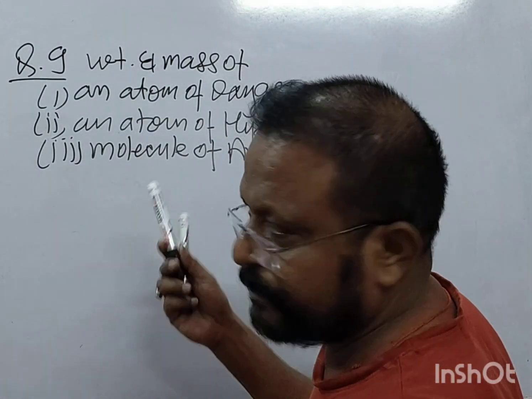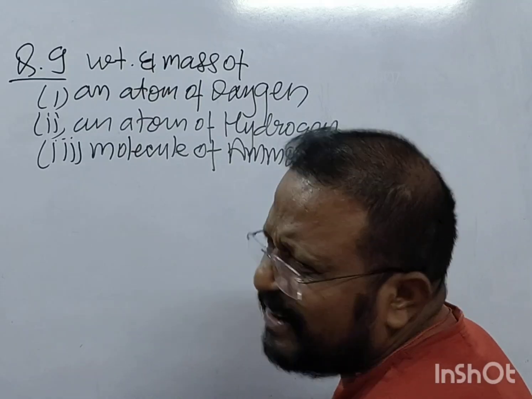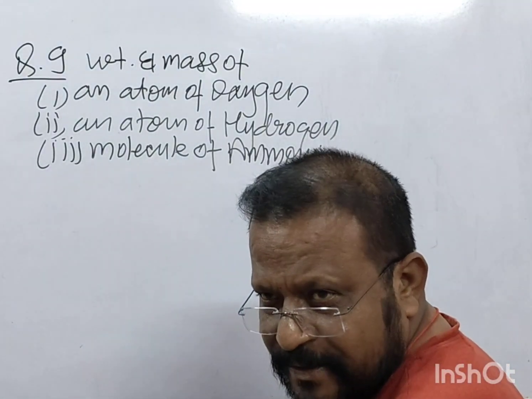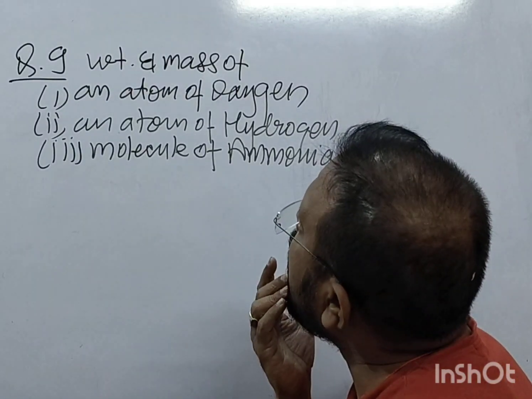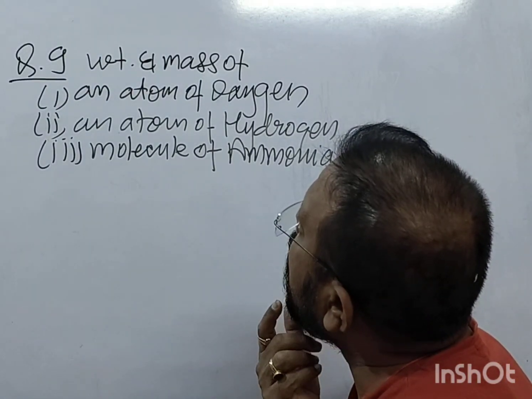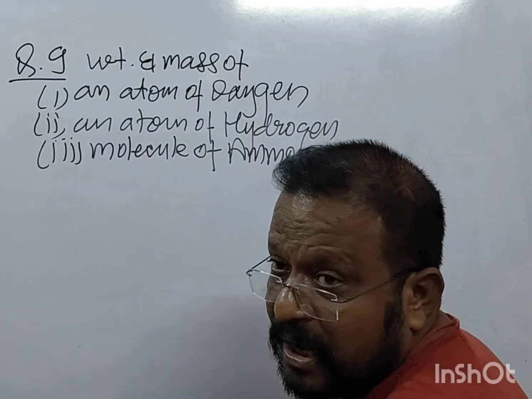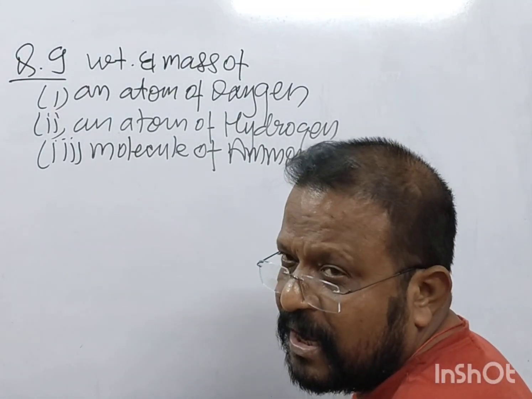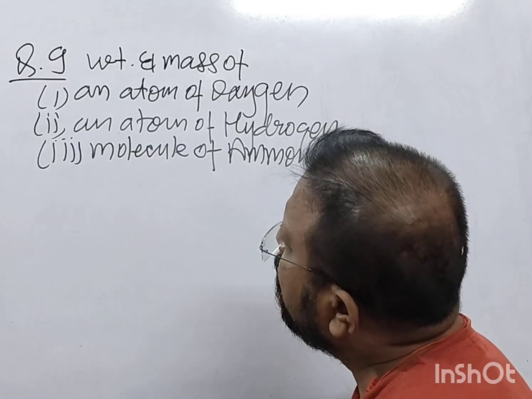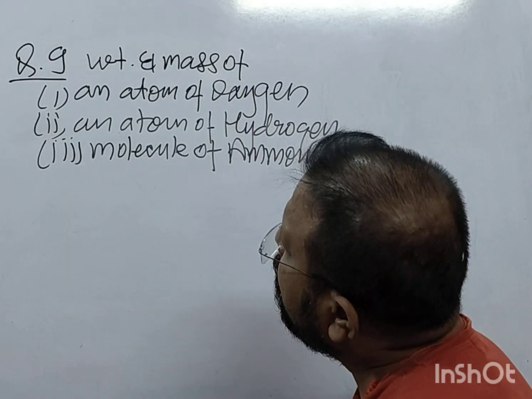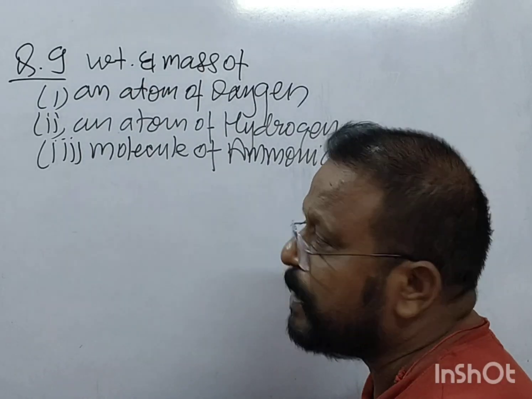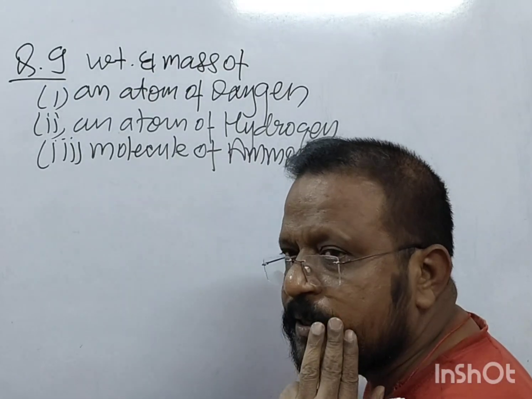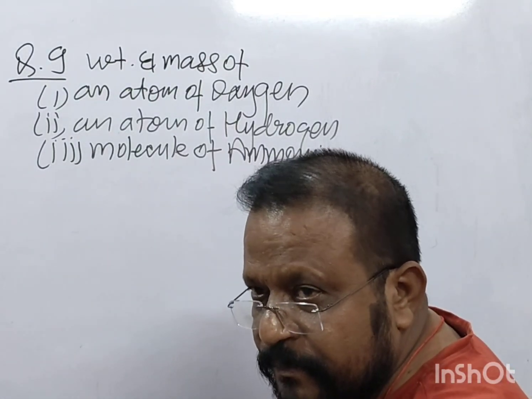Molecule of ammonia. This is what? Weight and mass. Fourth part, 10 raised to the power 22 atoms of carbon. Calculate the weight and mass. Atomic mass of oxygen is 16 gram. What is written there?